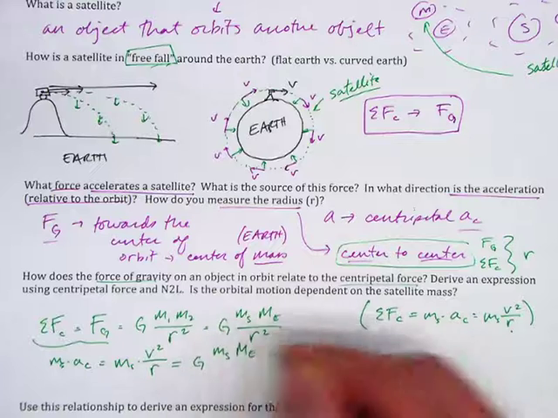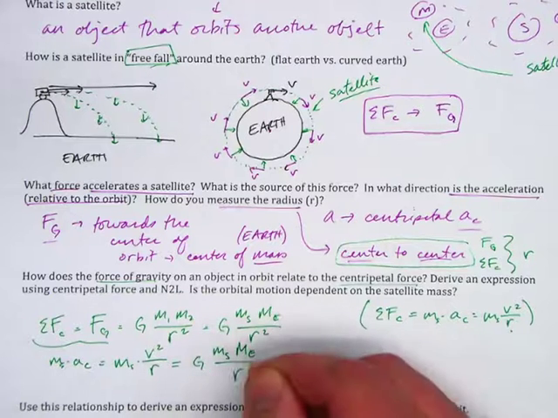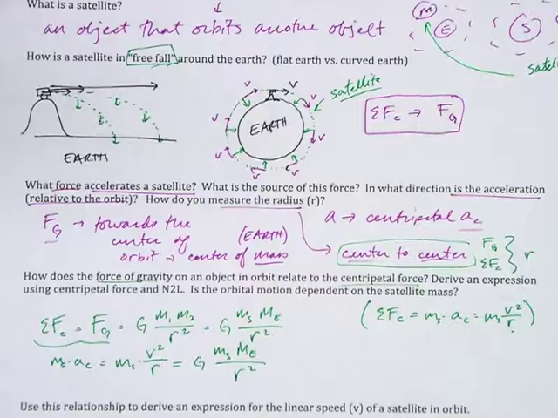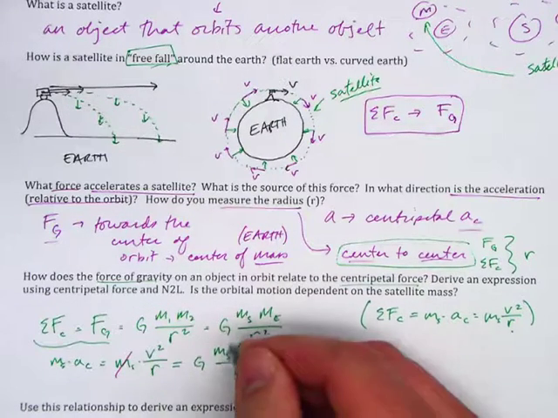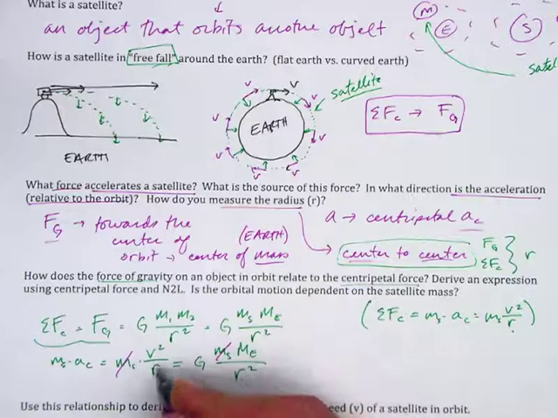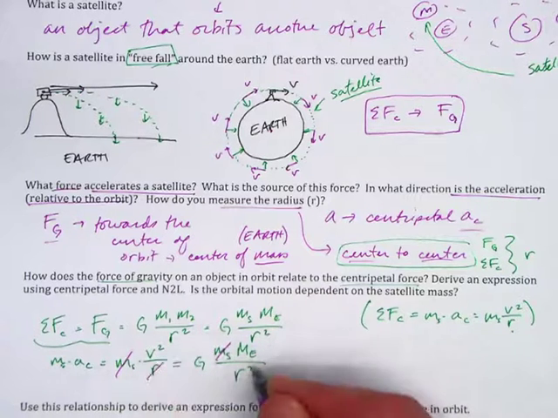And this is where it all comes together. Because what we see here is we have the mass of the satellite on both sides of the expression, and that cancels out. We also see that we have the orbital radius here and the orbital radius here, so this cancels out with the square.